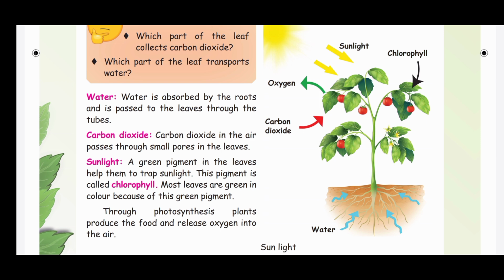Through photosynthesis, plants produce food and release oxygen into the air. So photosynthesis is taking place, carbon dioxide is taken in, sunlight is getting in, then it will produce food and leave out the oxygen. So see the picture now. Carbon dioxide is getting in, sunlight is getting in, the leaf is green in color, so chlorophyll is there.